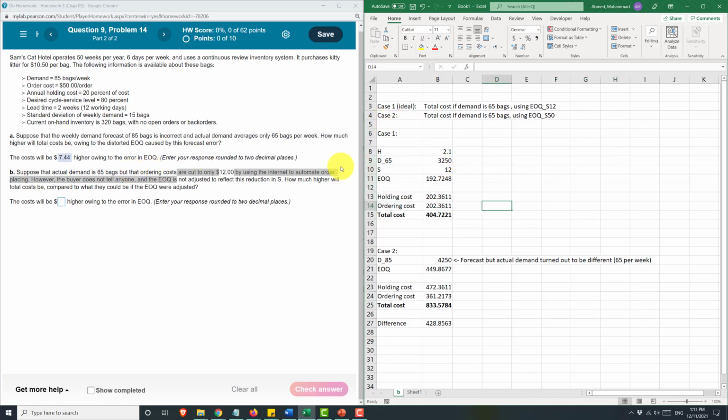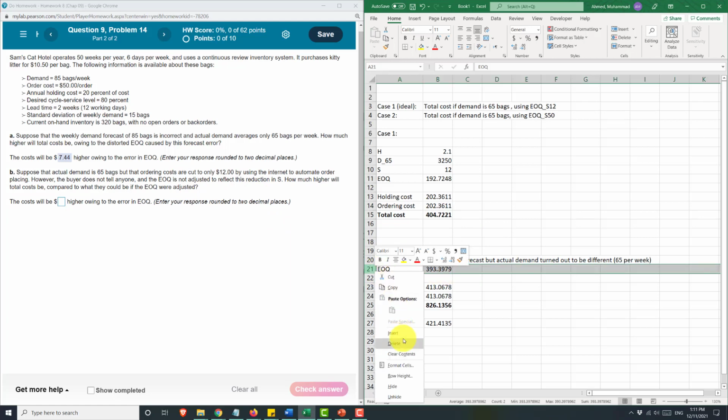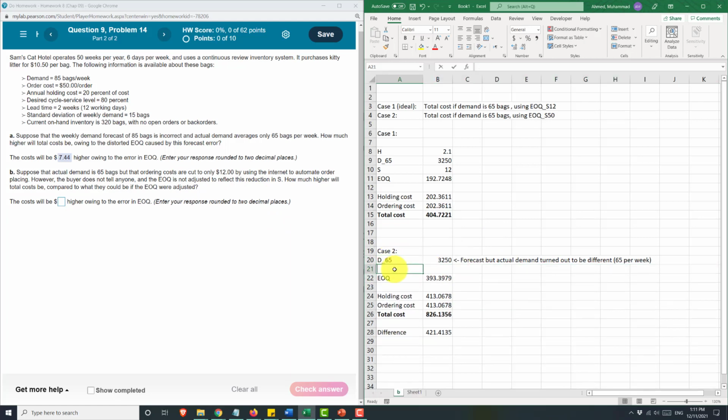I use the correct demand and the correct ordering cost. And case two is we do use the correct demand. So we do use 65 because there's no forecast error in part B. It doesn't tell us anything about forecast error, right? It's just comparing on the ordering cost. But we do have a wrong ordering cost of 50 for some reason.